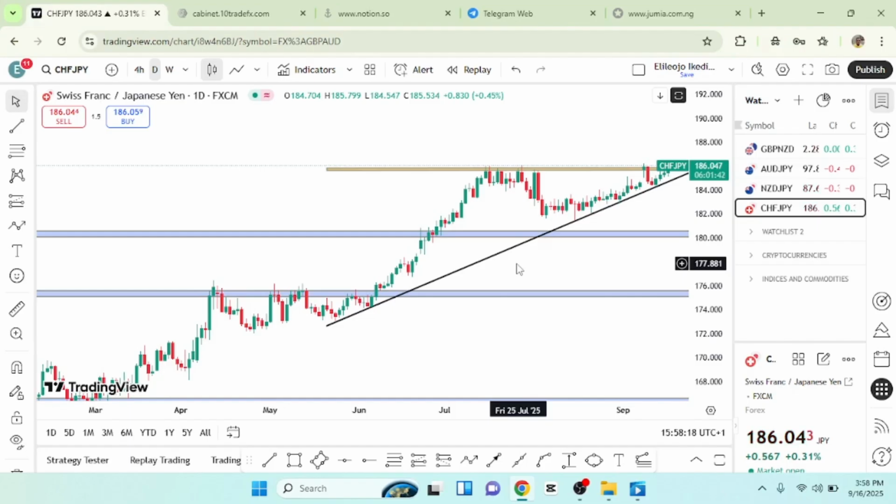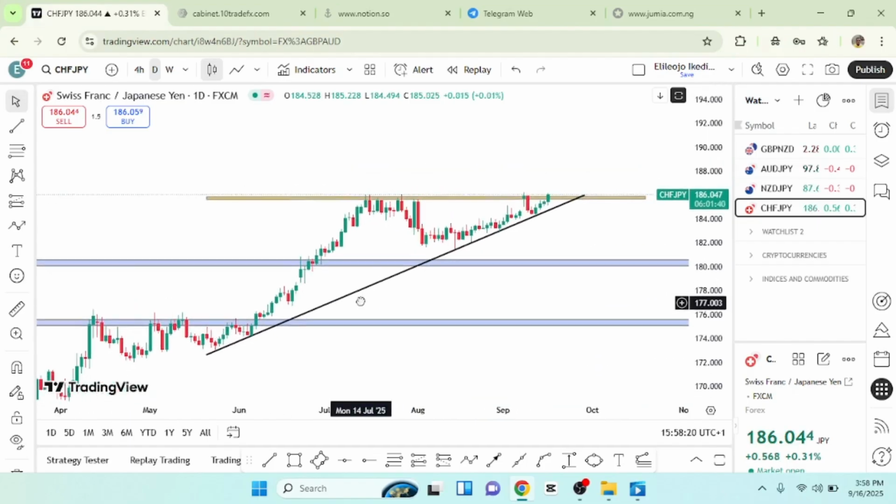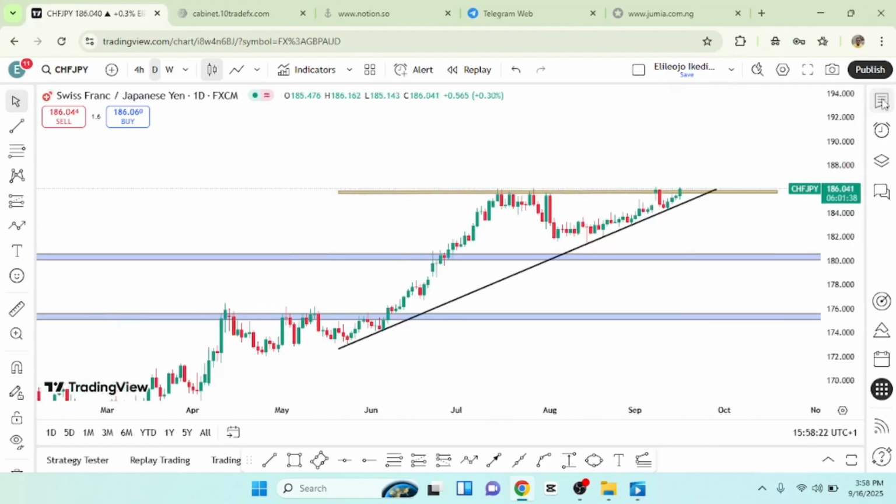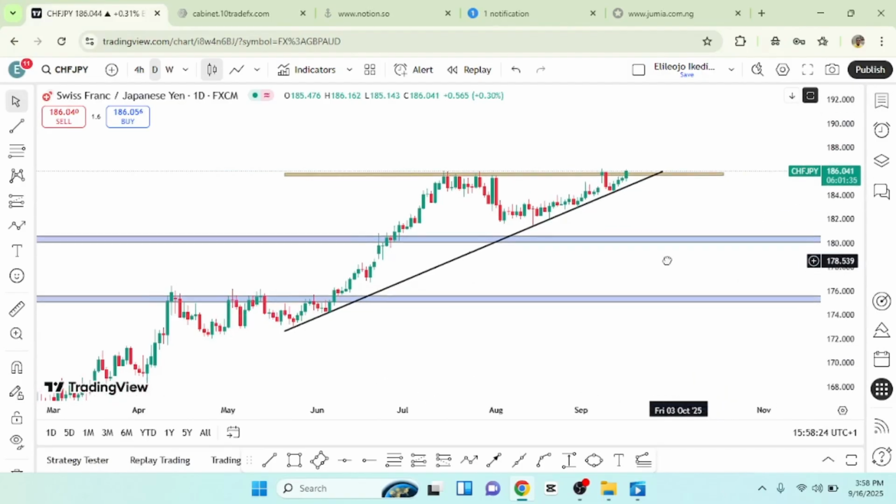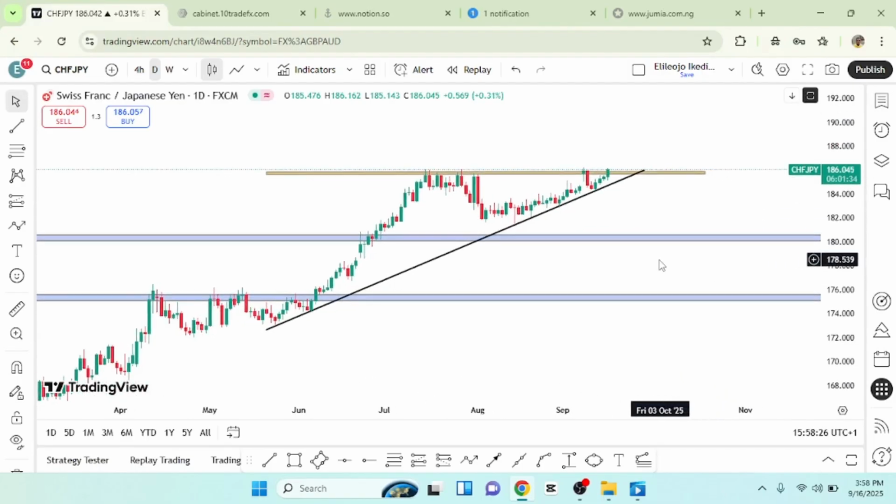Now, when drawing your support and resistance levels, the first thing you need to take note of is that they are better drawn on higher time frames. You know why? Because when you draw your support and resistance levels on higher time frames, they tend to hold more significance in the longer term than when they are drawn on a time frame like a 1 hour, 30 minutes or 15 minutes time frame. Don't get me wrong.